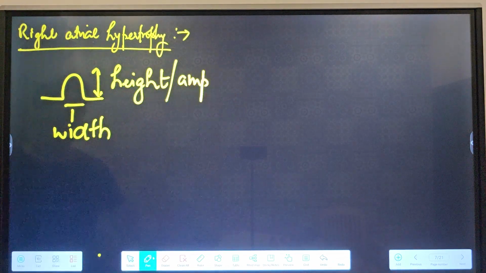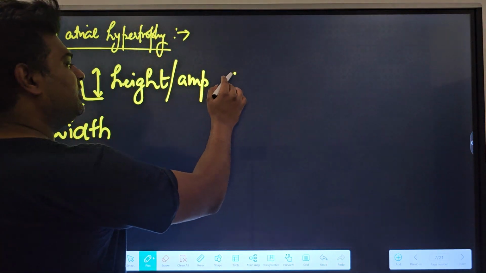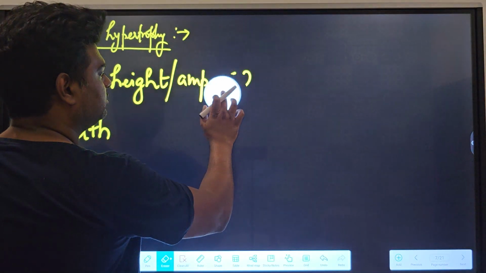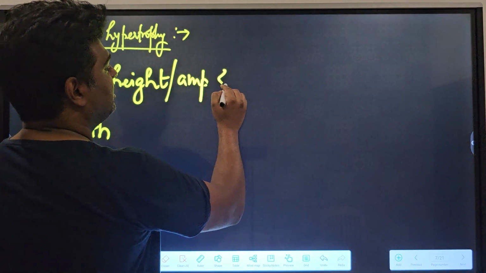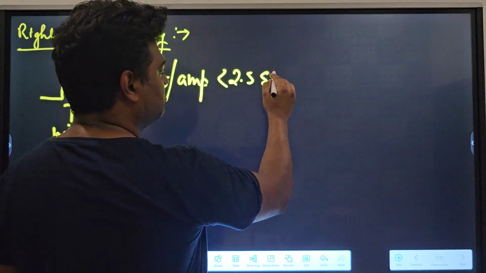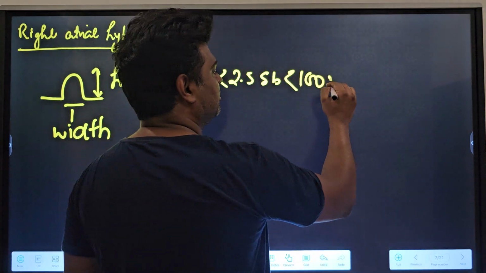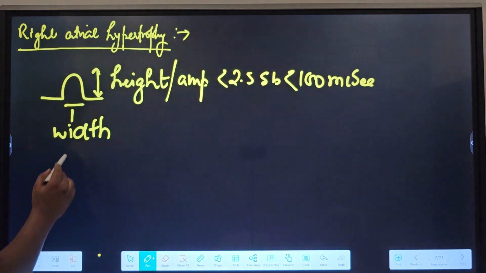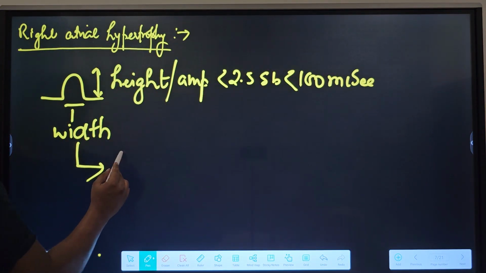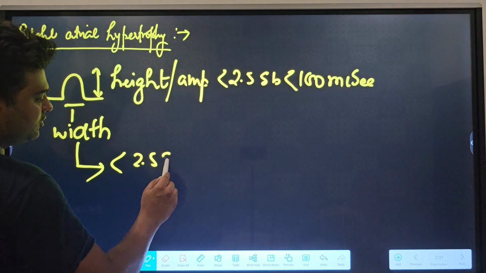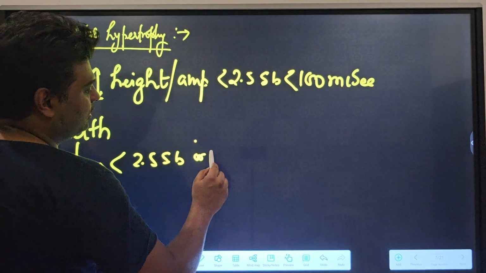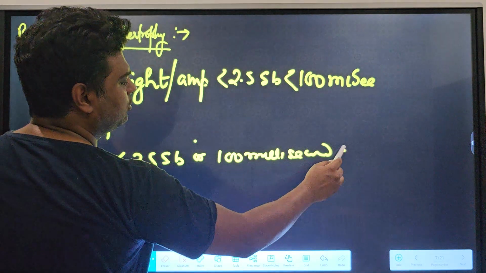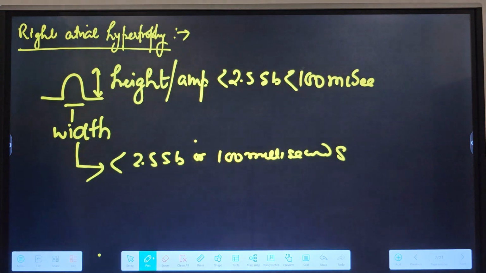So height or amplitude is less than 2.5 small boxes, or less than 100 milliseconds, and the same is for the width: width is less than 2.5 small boxes or 100 milliseconds. So this is a normal P wave width.